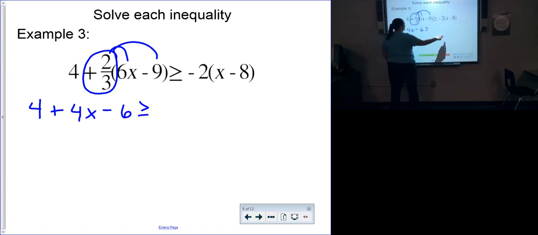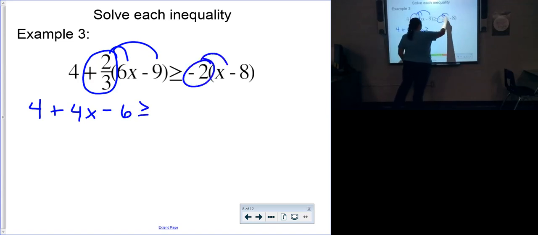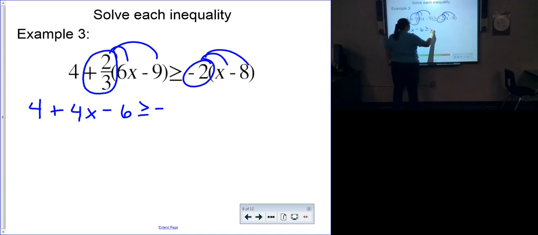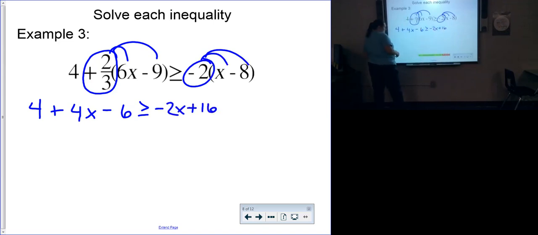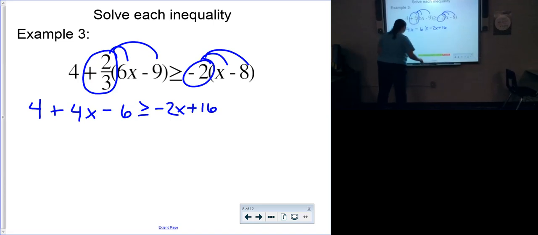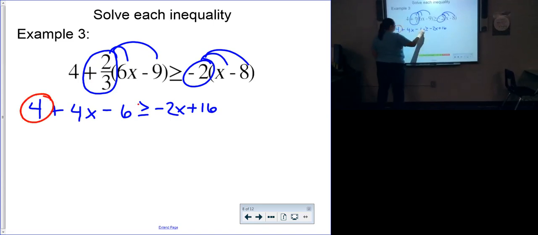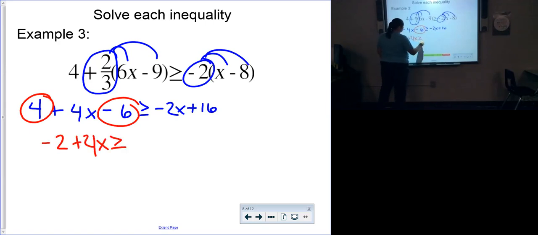Greater than or equal to, on the right-hand side, you got to distribute the negative 2, negative 2x plus 16. Combine your like terms of 4 and negative 6 to give you negative 2 plus 4x is greater than or equal to negative 2x plus 16.